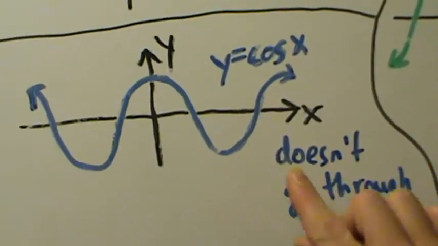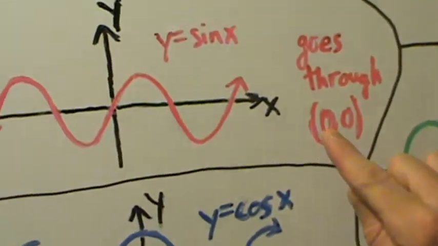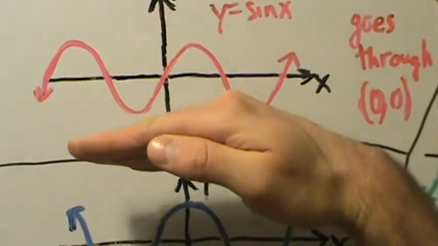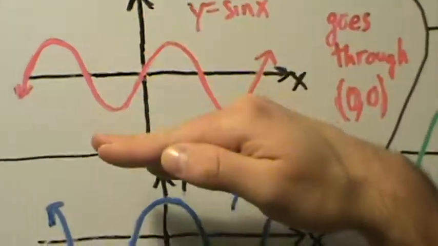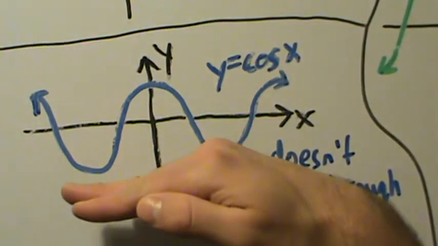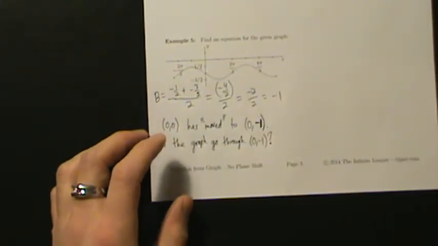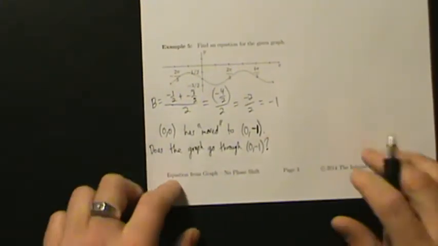If no, it's a cosine, because cosine does not go through 0, 0. But there's a vertical shift. Everything goes down 1 unit. So instead of 0, 0, we're considering things pushed down a unit. Sine of x minus 1 goes through 0, -1. Cosine of x minus 1 does not go through 0, -1. So we look at our graph and we ask ourselves, does this go through 0, -1? Let's zoom in here.